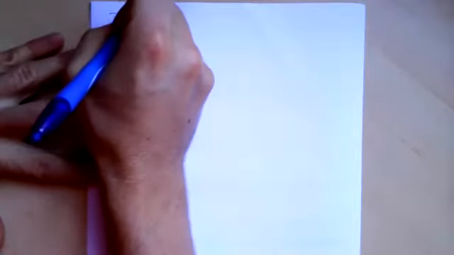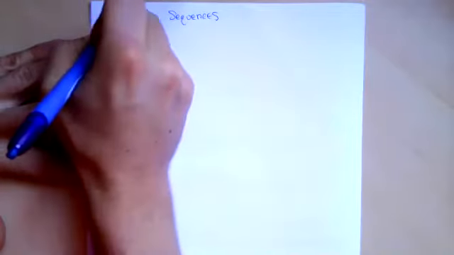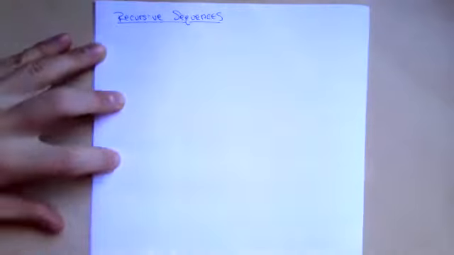Okay, the last thing I want to talk about with sequences are recursive sequences. These are the types of sequences where we often cannot write them in a nice general expression. Sometimes we can, sometimes we can't. But regardless, we want to be able to take limits of something like these.